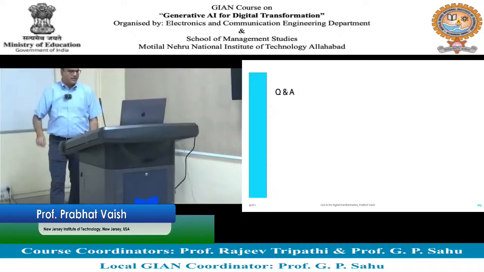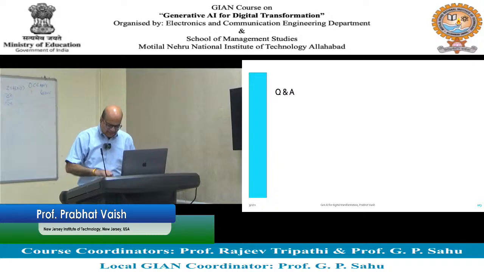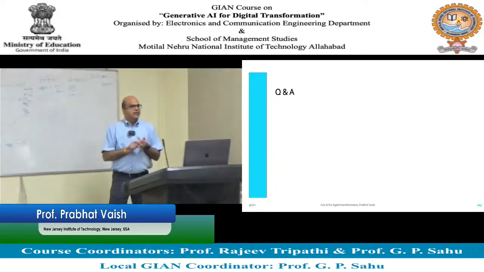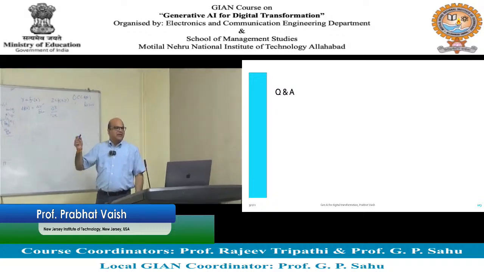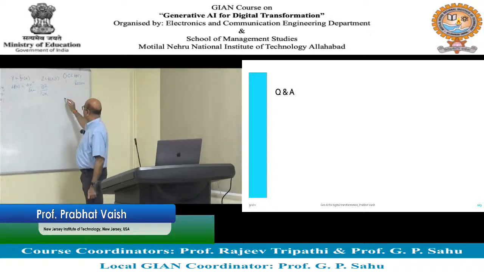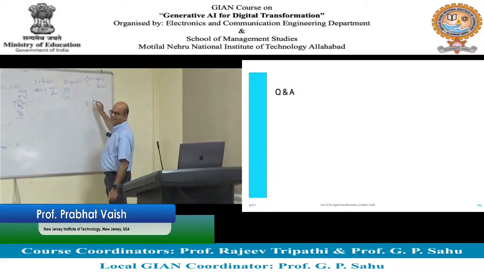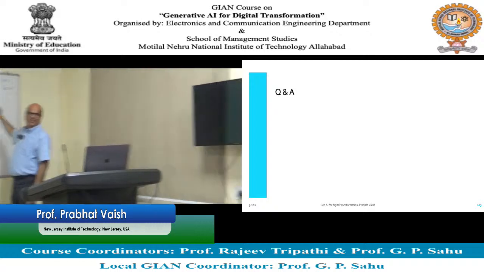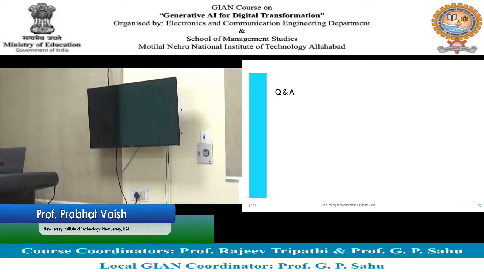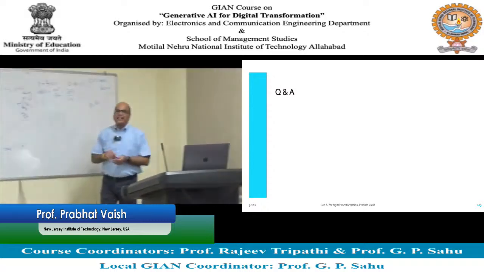Let me just ask you this question. We have gravity, right? How is gravity represented? Now I'm going a little bit into physics here. G. What is G? There's a value, a number here. 9.8, right? Why 9.8?